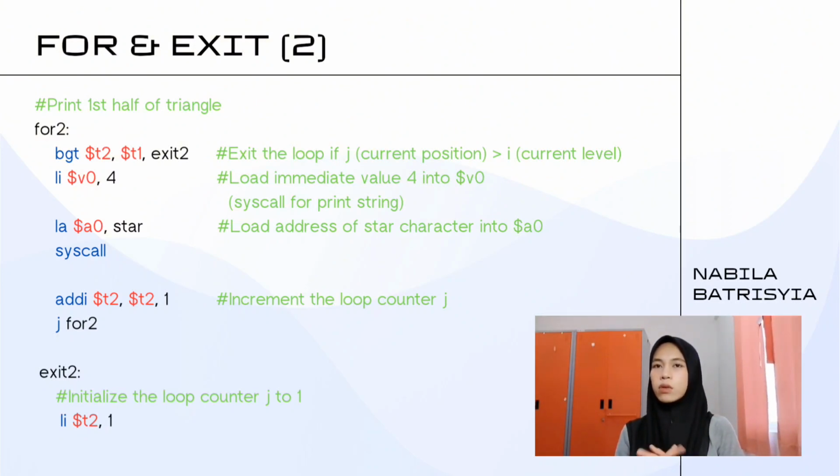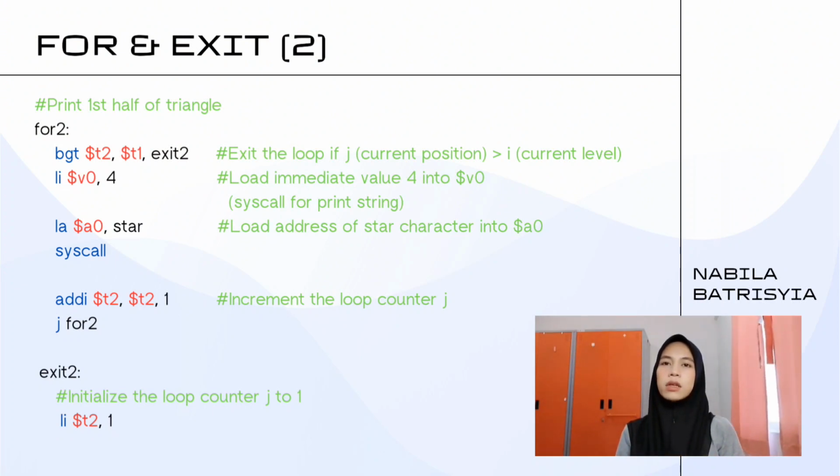So we can see the first line. It uses the BGT instruction also, which means branch if greater than. So it compares the value in register T2 and register T1 and exits the loop if the value in register T2 is greater than register T1.